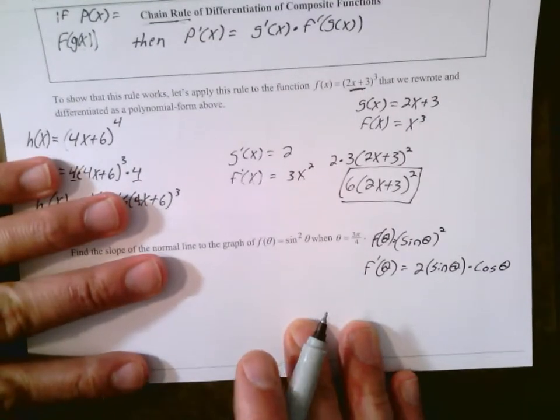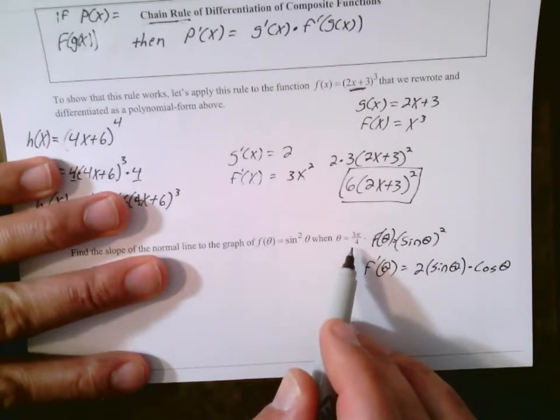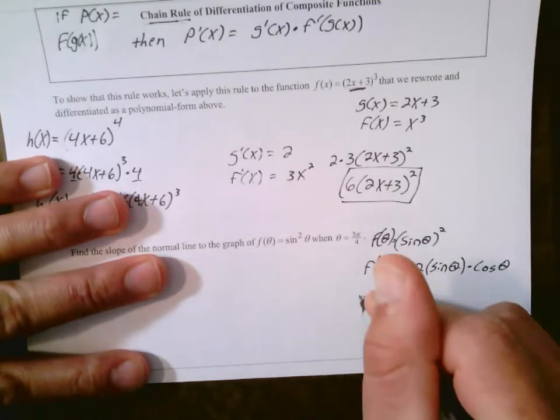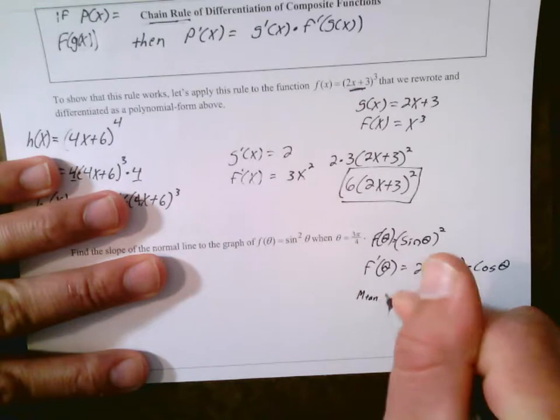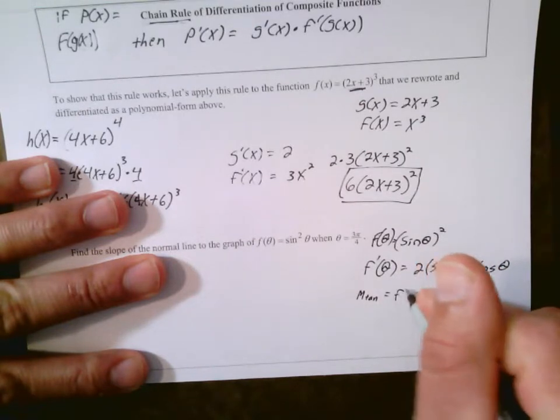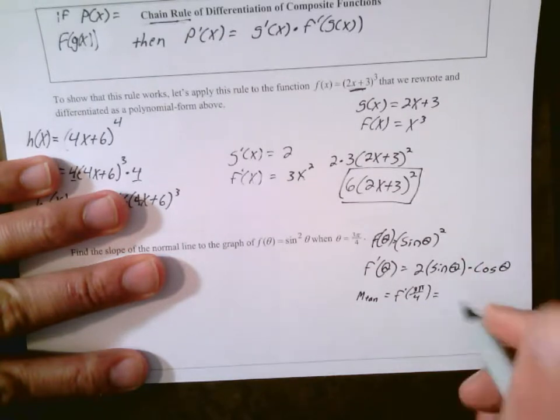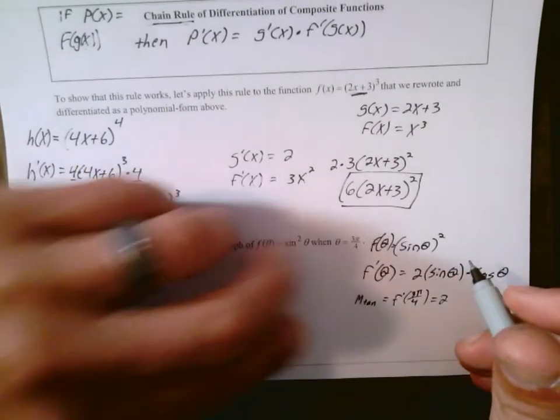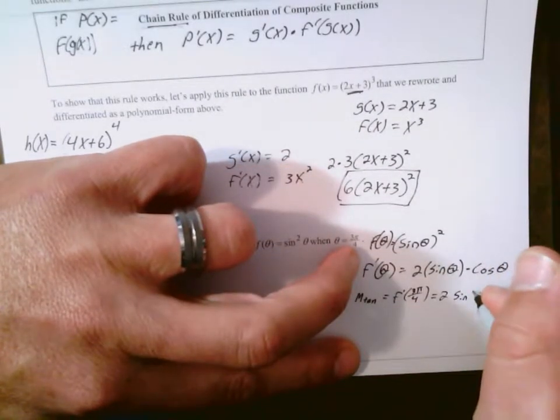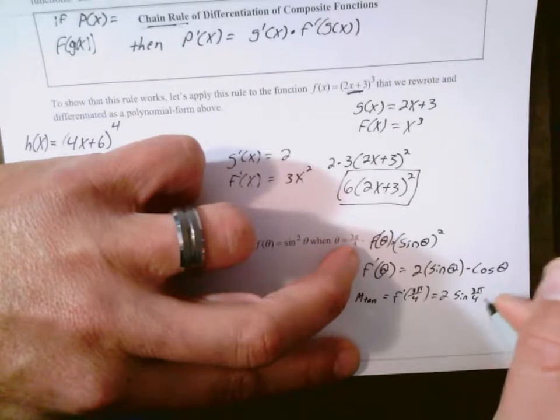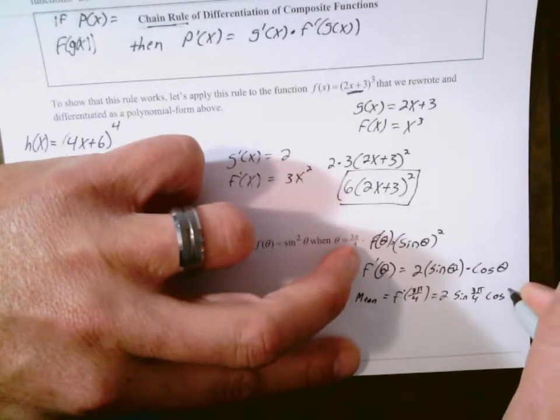Now, finding the slope of the normal line, so the slope of the tangent line is equal to f prime of 3 pi over 4. So 2 sine of 3 pi over 4 cosine 3 pi over 4.